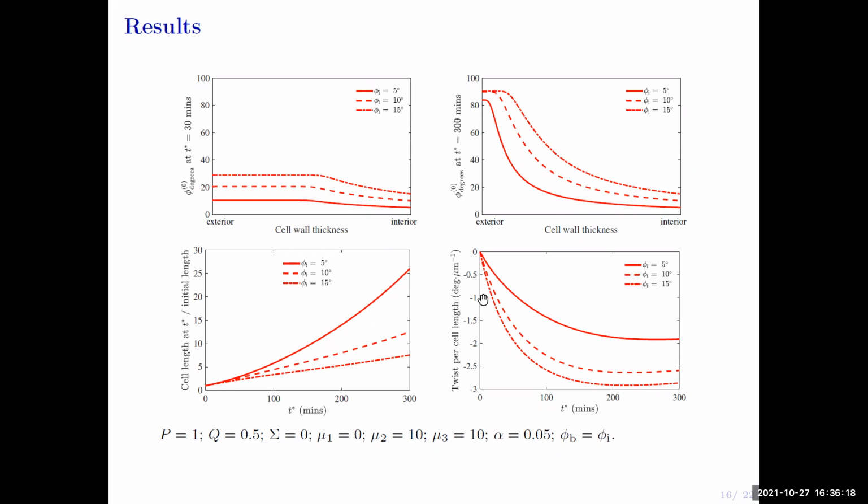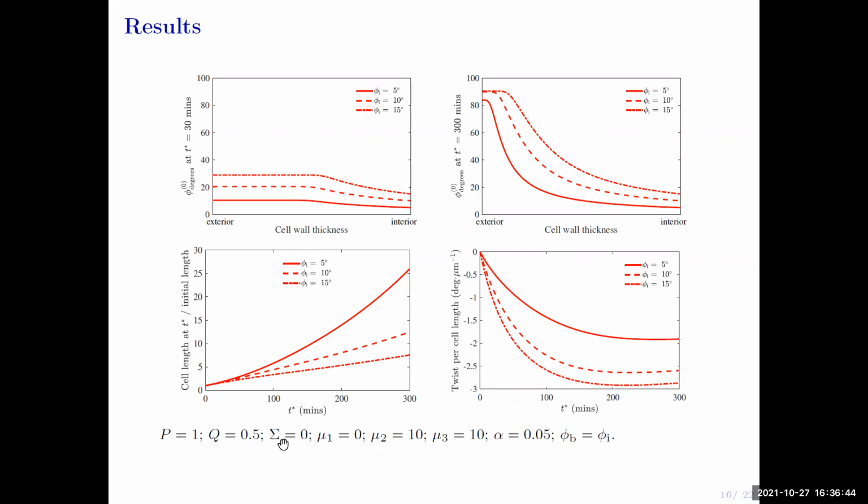But the twist will be the other way, and so would the CMF orientation. Effectively, these three figures will be flipped about the horizontal axis. So your fibers will retain a kind of left-handed orientation, and they will keep encouraging the flow to go right-handedly, and you'll end up with a right-handed twist of the cell.